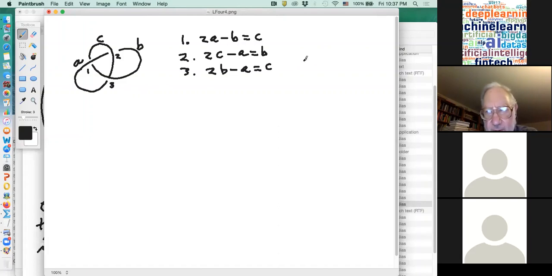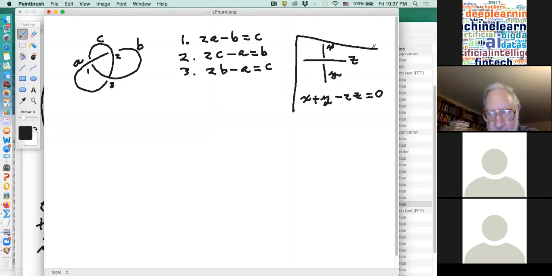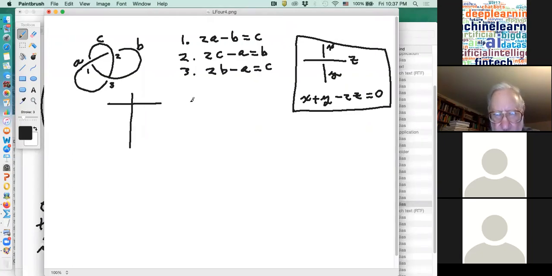Of course, another way to write this, which might be better for these purposes, is if you have x, y and z, you could write x plus y minus 2z equals 0, with everything on one side of the equation. So in this case, b plus c is 2a, a plus b is 2c, a plus c is 2b, and we put it all on one side. So we have a system of equations, and we're trying to solve it over the integers or over a modulus.